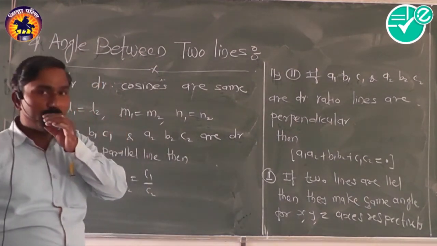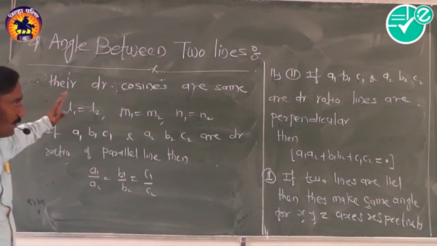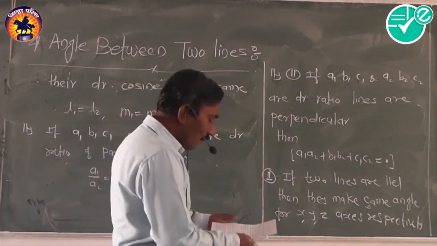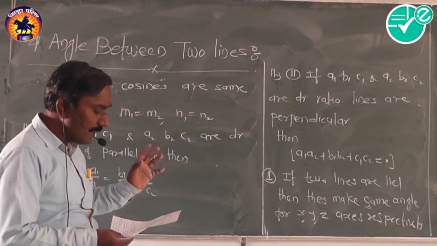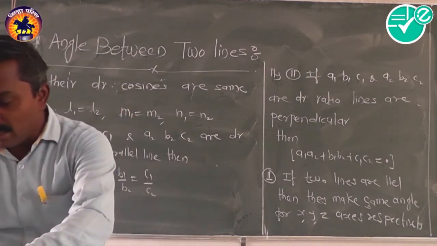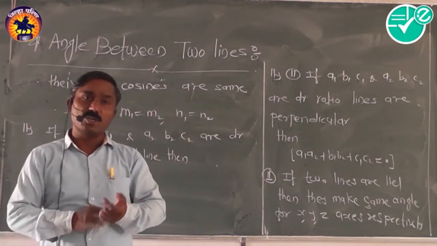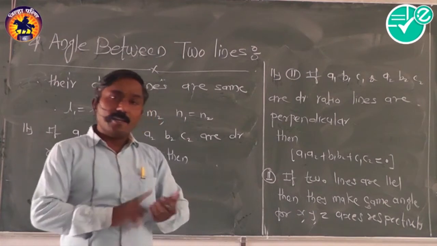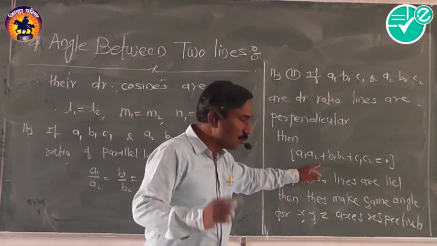Now those are the important conditions to find the angle between these two lines. First, the condition for perpendicular lines: if the two lines are perpendicular to each other, then L1 L2 plus M1 M2 plus N1 N2 is equal to 0. And if we are given direction ratios of the lines, then a1 a2 plus b1 b2 plus c1 c2 is equal to 0.